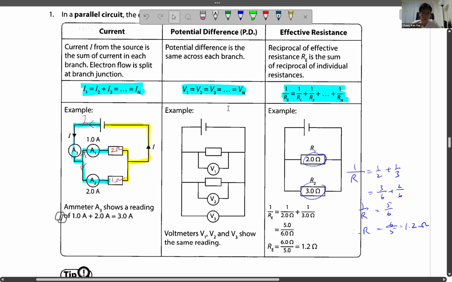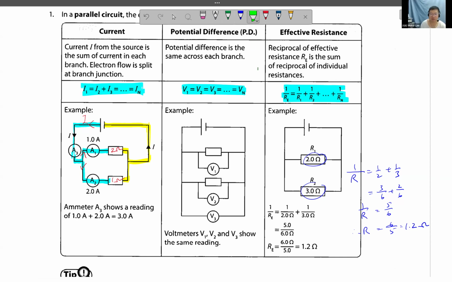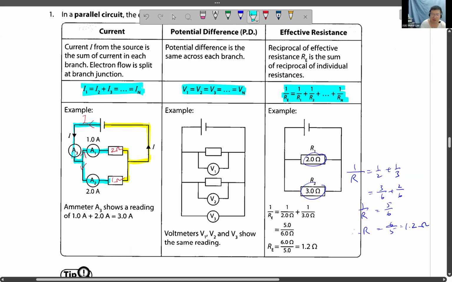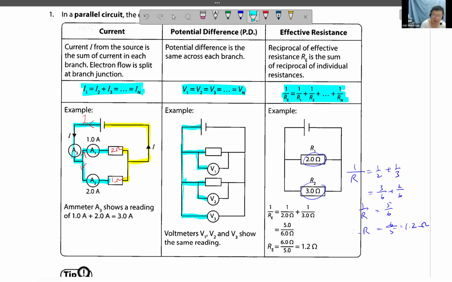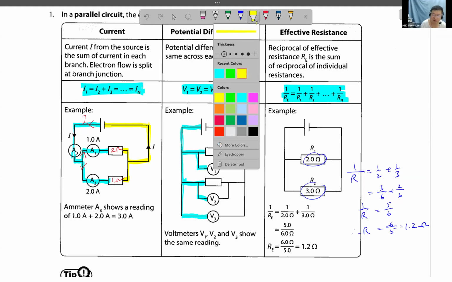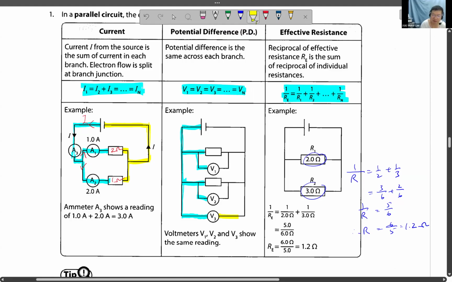So the current is the sum of the currents, and the voltage is equal. Remember, all the potential here is high potential, and the other side is all low potential. You see that across the wire.